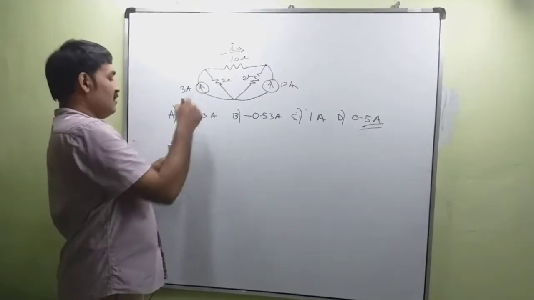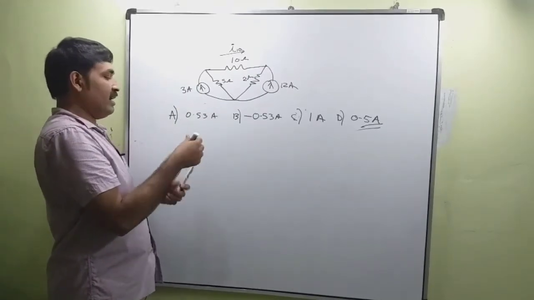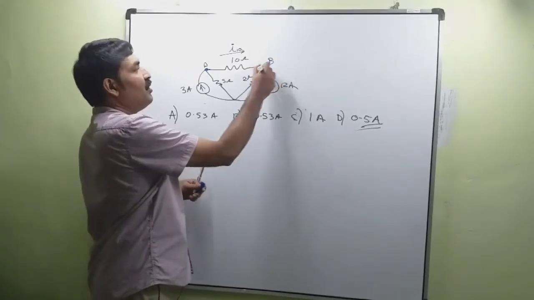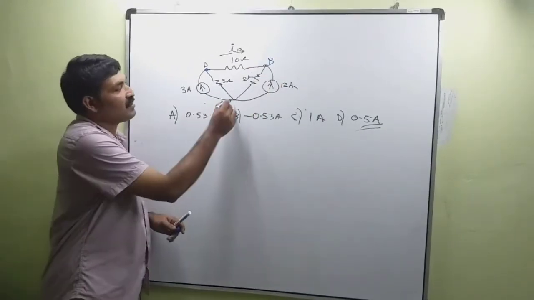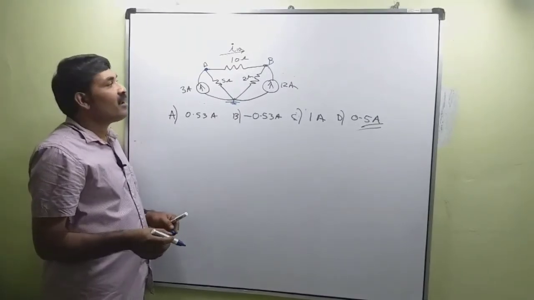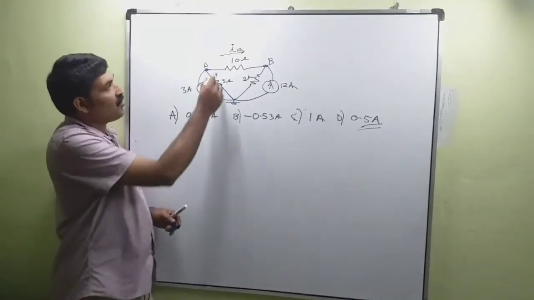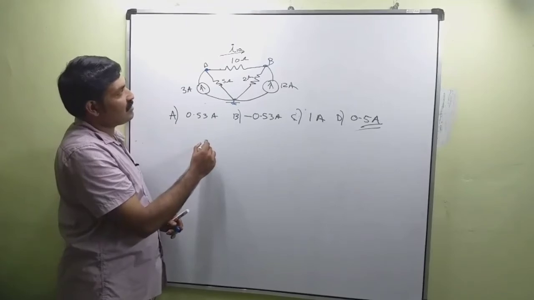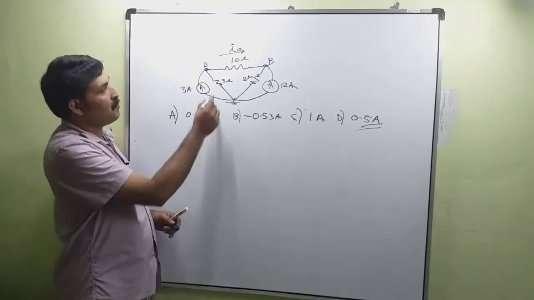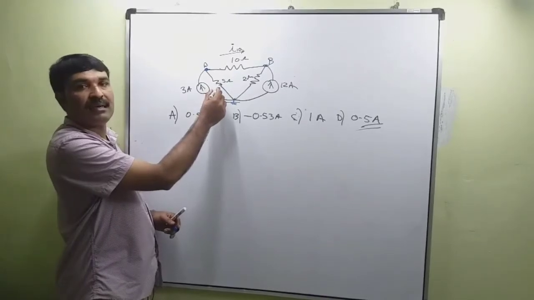Now, this is our node A, and node B. This is our reference node or ground potential. Now, we can draw the circuit as a current source in parallel with a resistance.